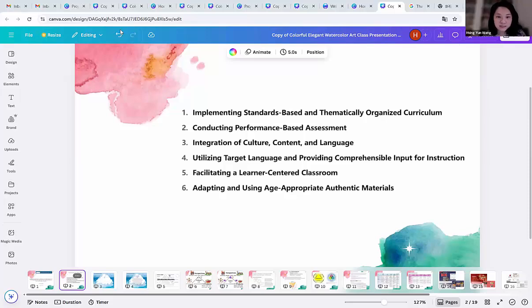Number 5 is facilitating a learner-centered classroom, and also the projects, which is what I'm trying to mention too. Number 6 is adapting and using age-appropriate authentic materials. This relates to knowing our students well and their level as well.